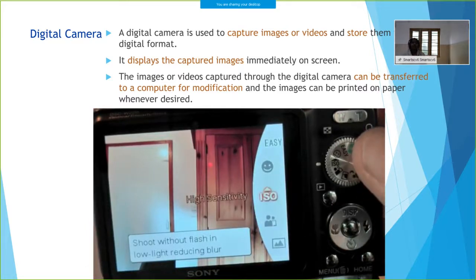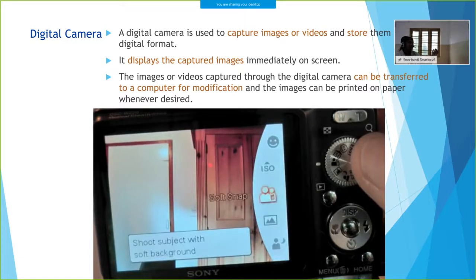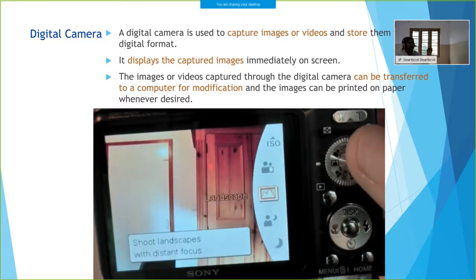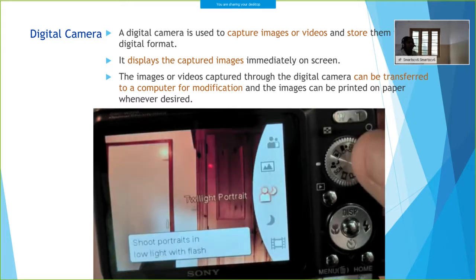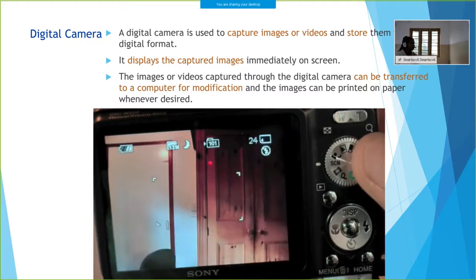Using our data cable, we can easily copy this video or images into our computer. And Bluetooth technology is available today. So, if you want, you can send this using that Bluetooth technology. We can send these images or videos to our smartphone or computer.